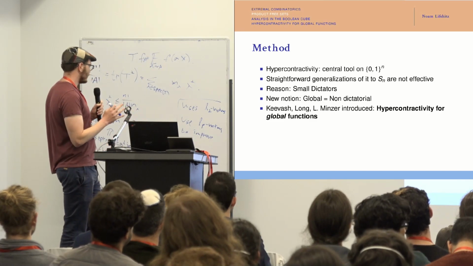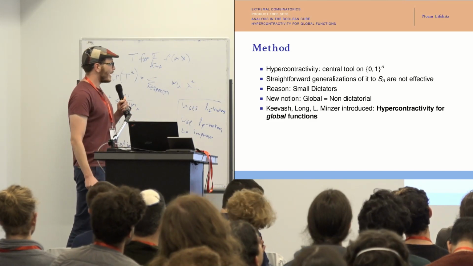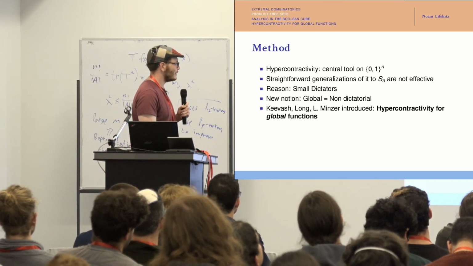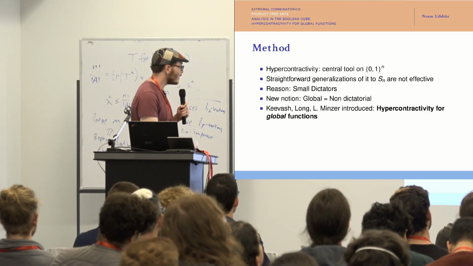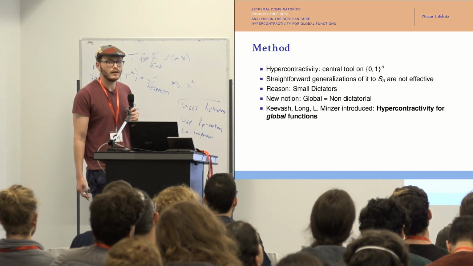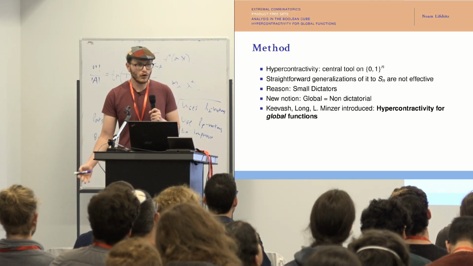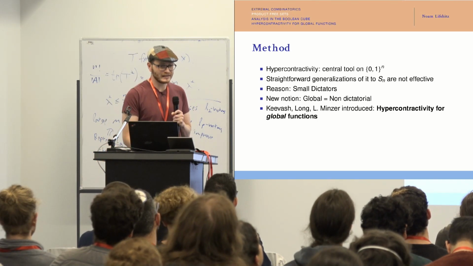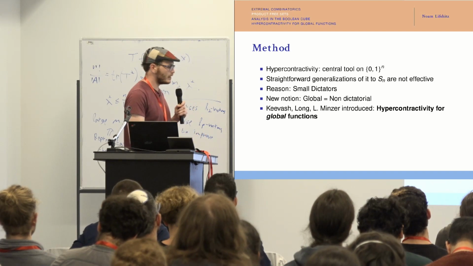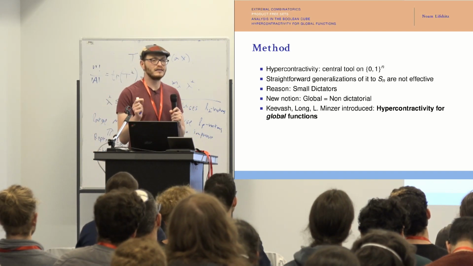Okay, so that was our idea, to try to use hypercontractivity and generalize it from the Boolean cube to the symmetric group. But it turns out that if you try to generalize it in a straightforward way and prove hypercontractivity for all functions, then you get a result that's not very effective. And the reason is that you have these dictators that are very small.